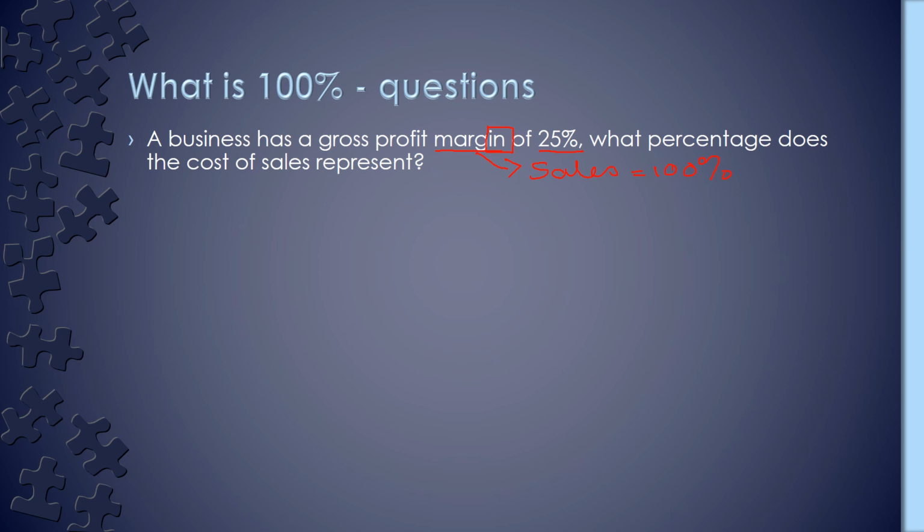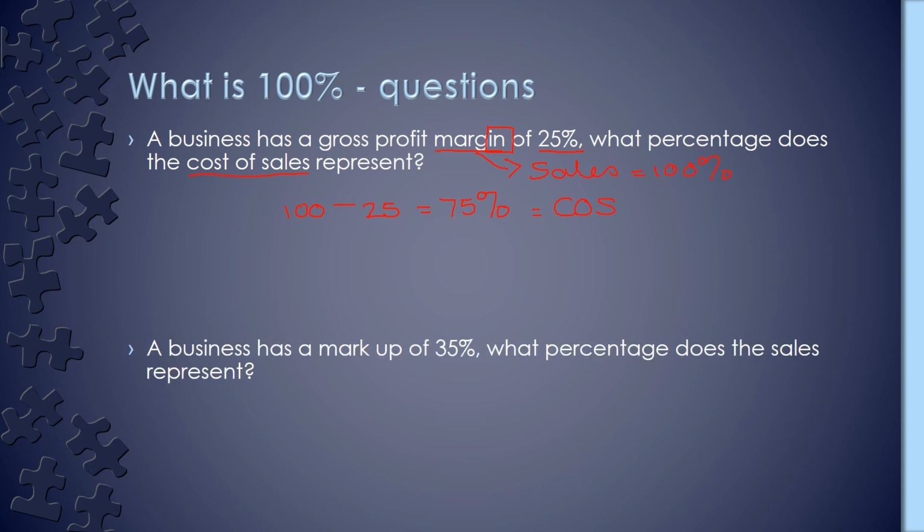So if our sales are 100%, and we need to work out what our cost of sales represent, we're going to be doing 100% minus the margin that we're given, which is 25, which means our cost of sales is going to equal 75% of whatever value we're given.